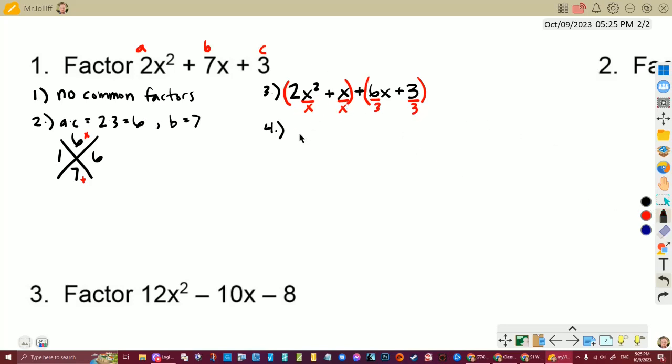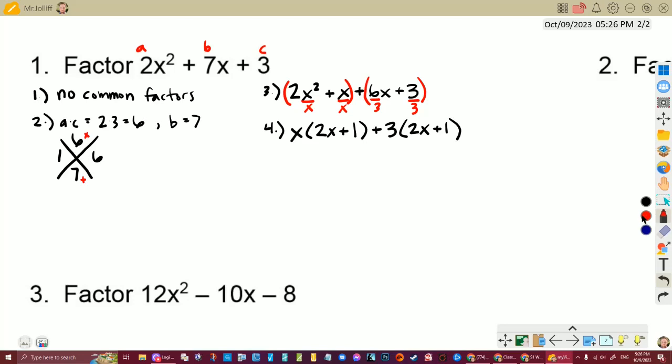So for that first grouping, I have x, and then 2x plus, and anything divided by itself is 1, so 2x plus 1. And then I have 3, and 6 divided by 3 is 2, so 2x, and 3 divided by 3 is 1.